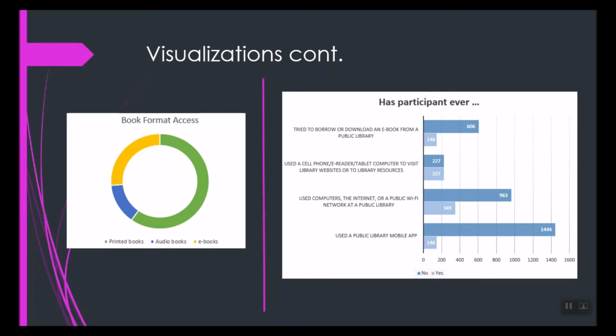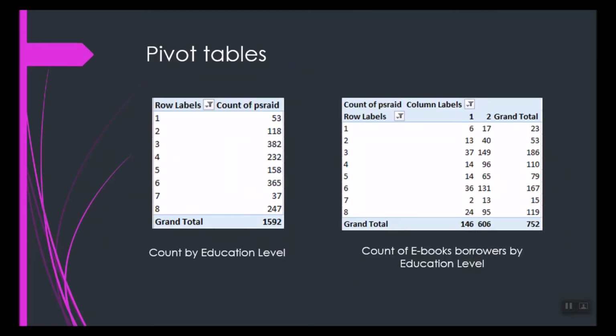And then we also have here a few questions with yes or no answers that give us insight into what resources the public has access to that are technologically advanced and are available to them. So a lot of people may not know that these things are available to them at their respective libraries.